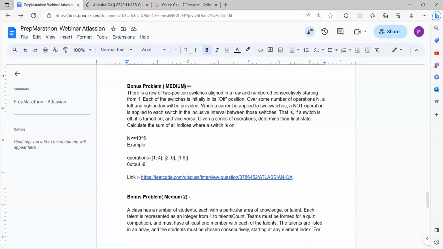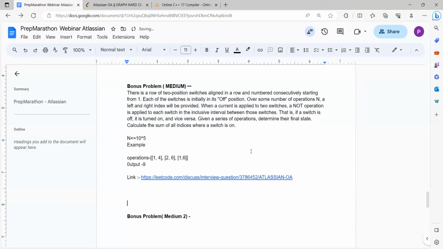We have seen many medium problems with the same algorithm. In the 2020 online assessment we got a question with the same algorithm, in 21 also, in 22 also. So we can expect the same in 23 also. Just go through this problem once. It is a very good problem.